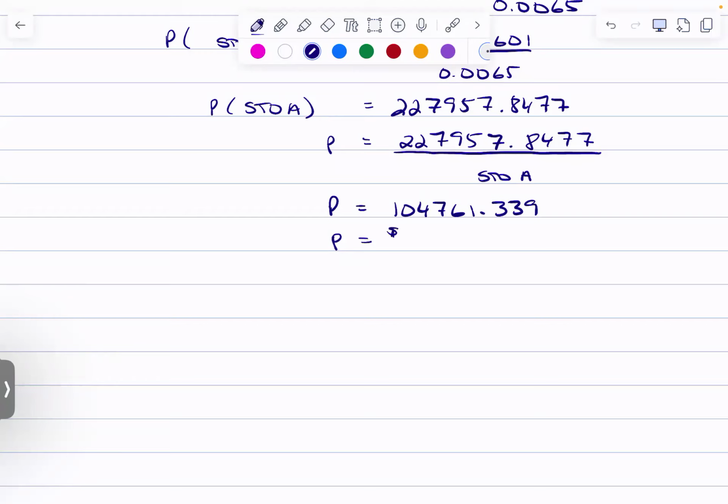Because this is money, I want to see all the decimals, and then I want to see that you've rounded it properly to 2 decimal places. And so you'd have to pay 104,761 and 34 pennies in 2015.